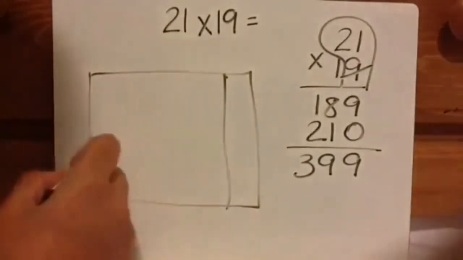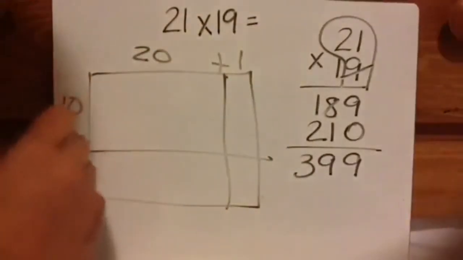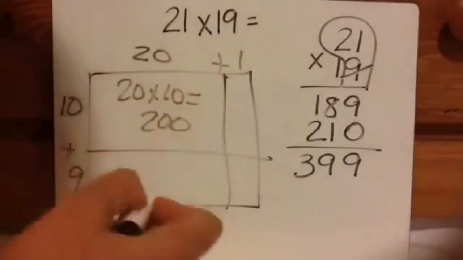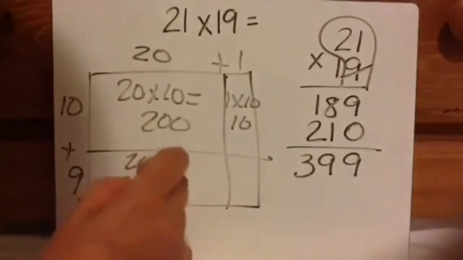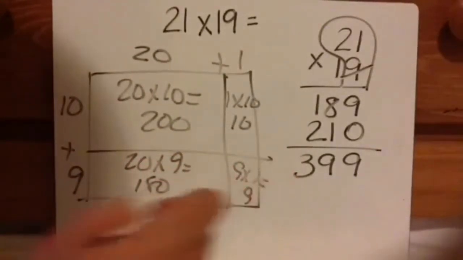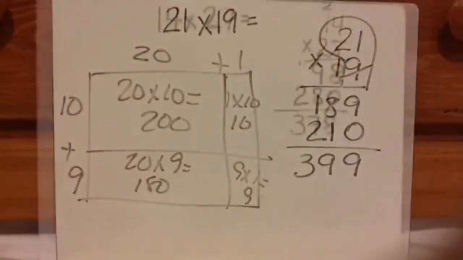It helps so you can visually see 20 plus 1, 10 plus 9, 20 times 10 equals 200, 1 times 10 equals 10, 20 times 9 equals 180, 9 times 1 equals 9. It's good practice, so it'll all connect.